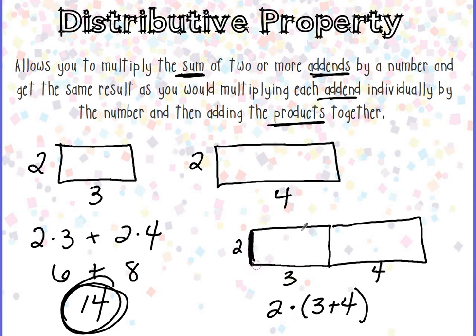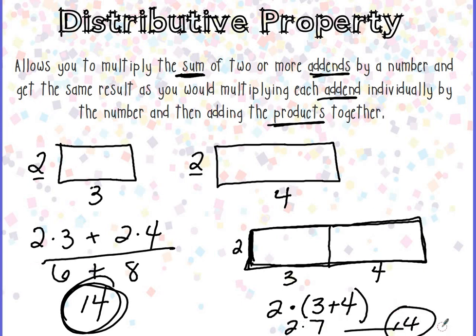Okay, because here, this is one large rectangle, and the only reason I can do this is because of the fact that both of these have the same height. Actually, I should say they both have the same width. All right, so here I can combine these and say that I would do 2 times 7. So here this would be 2 times 7, which would give me 14. Both of these gave me the same answer.